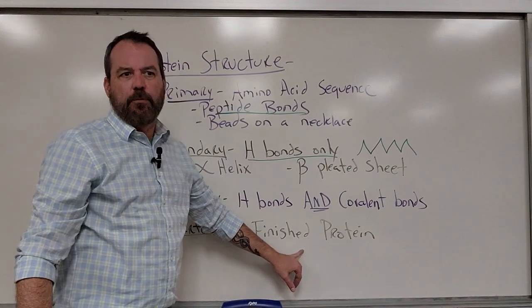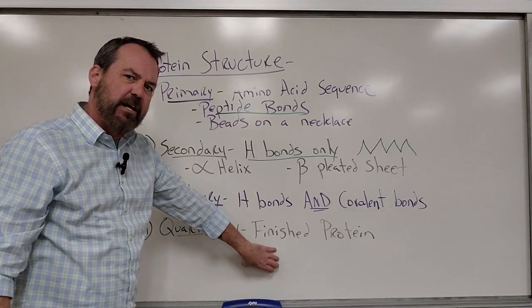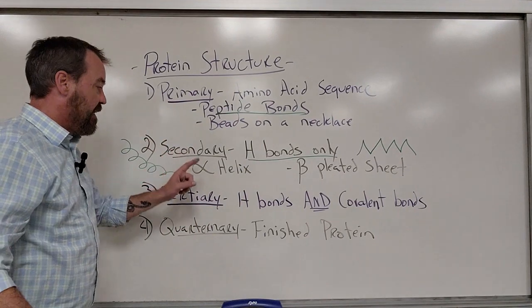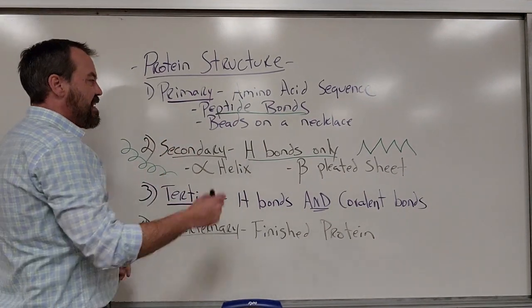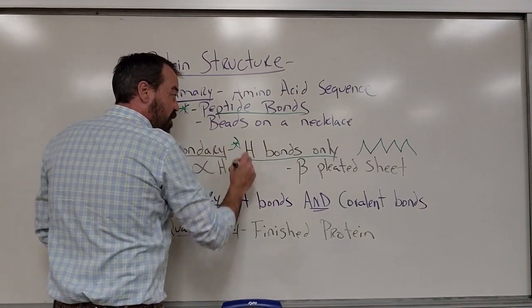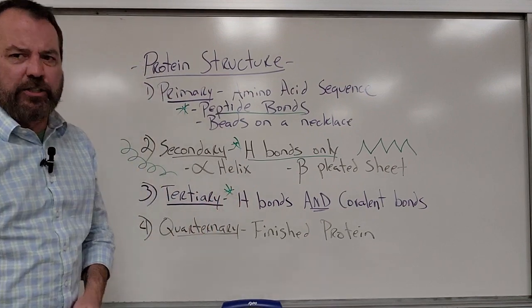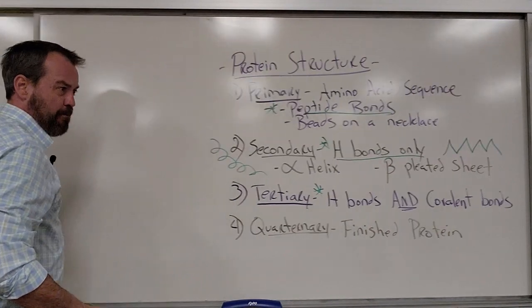So this could be like hemoglobin or actin or tubulin, something along those lines. It's our finished protein that we're done with, our quaternary structure. So know what happens at each level of my protein structure, and one of the key things to distinguish is the bonds. I've got peptide bonds for primary, hydrogen bonding only for secondary, hydrogen bonding and covalent bonding for my tertiary structure. So that's an easy way to make that distinction between them.